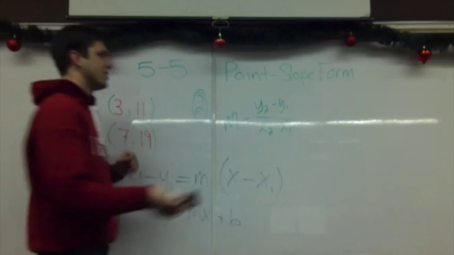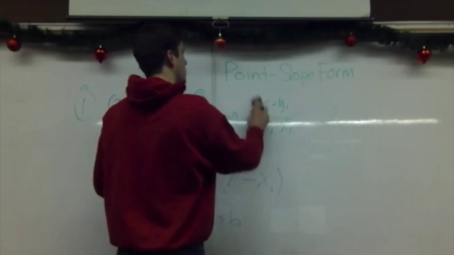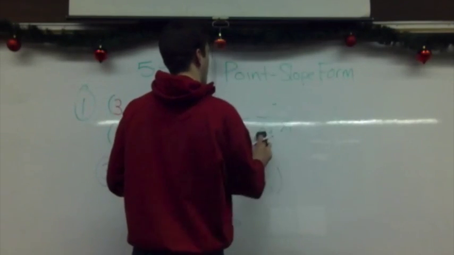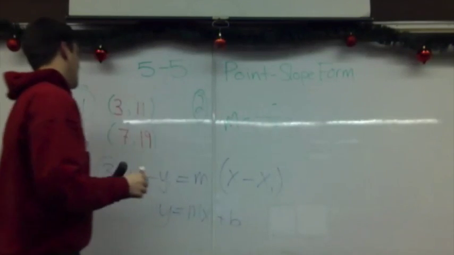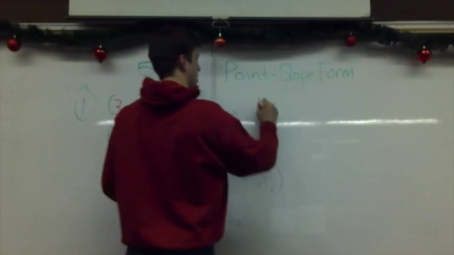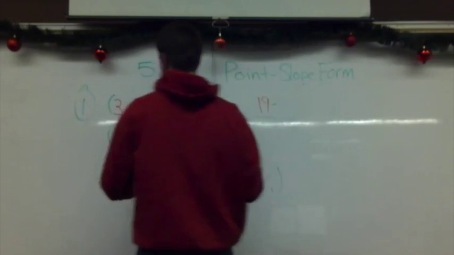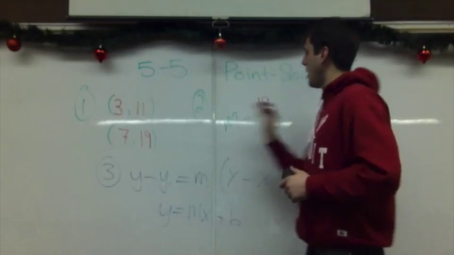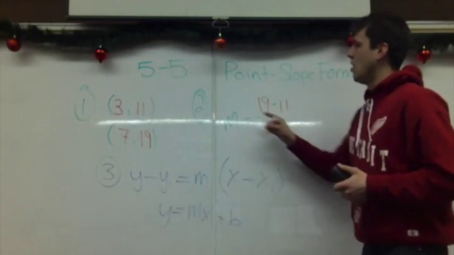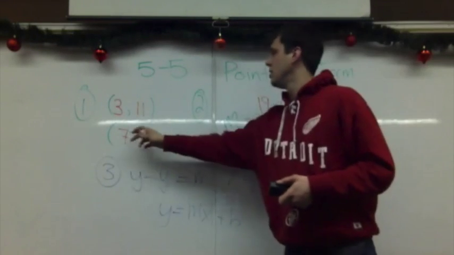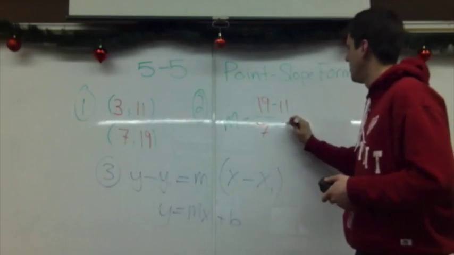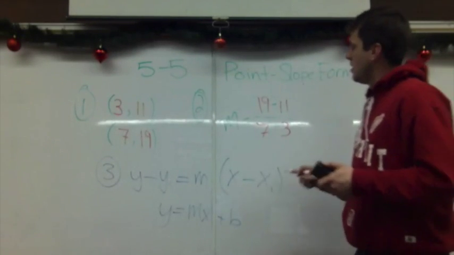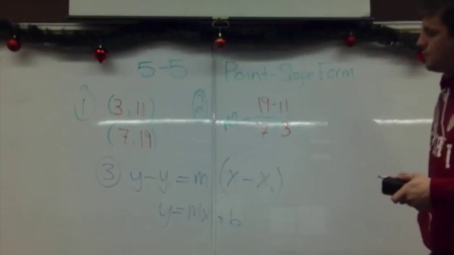Over here, finding the slope, you'd substitute y1, y2, x2, and x1. And you would have 19 minus 11 over top of 7 minus 3. And that gives you your slope.